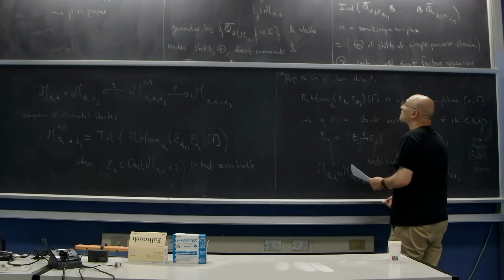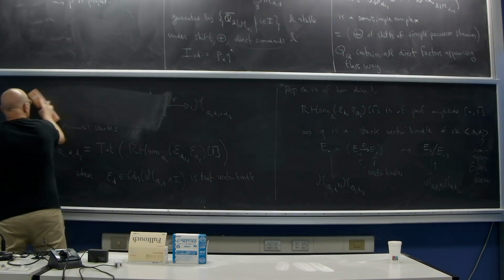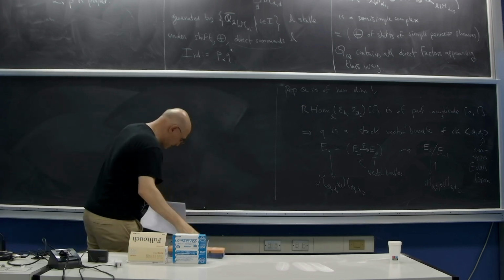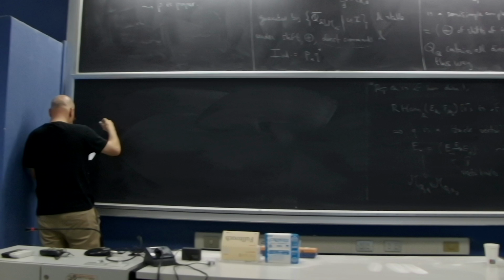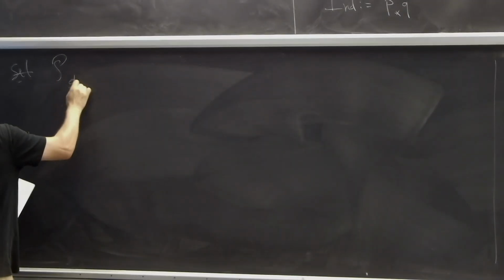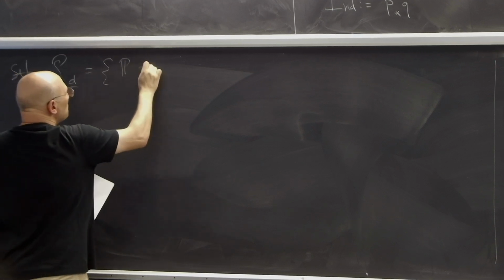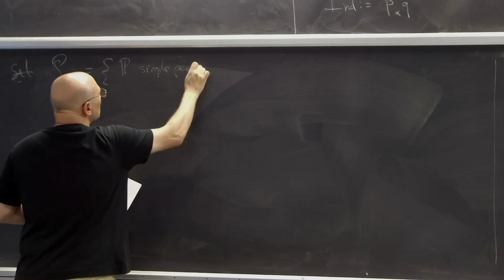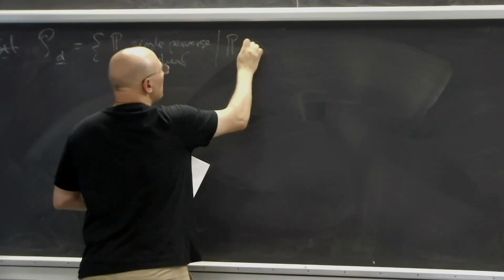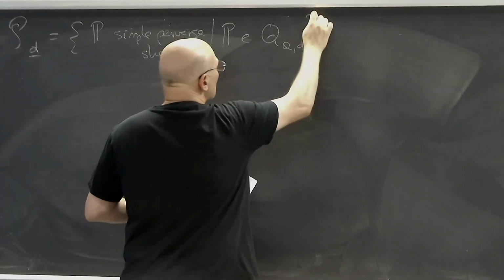Okay, so let me give a name. PD is going to be the set of simple perverse sheaves P in QD.